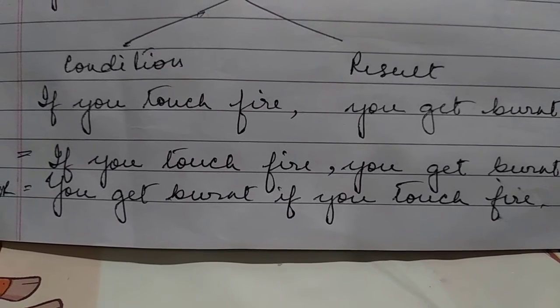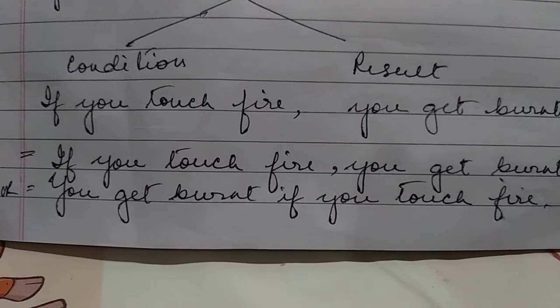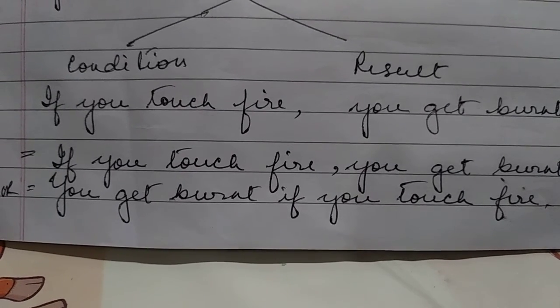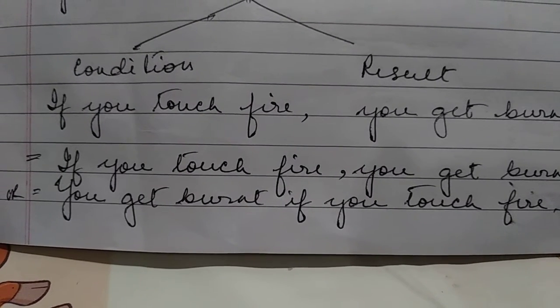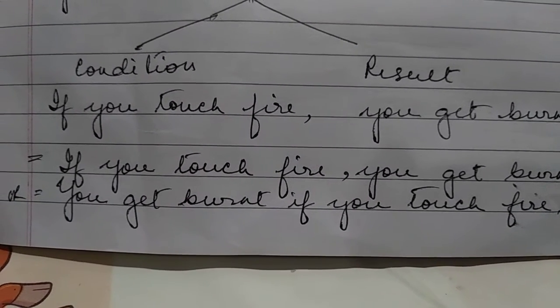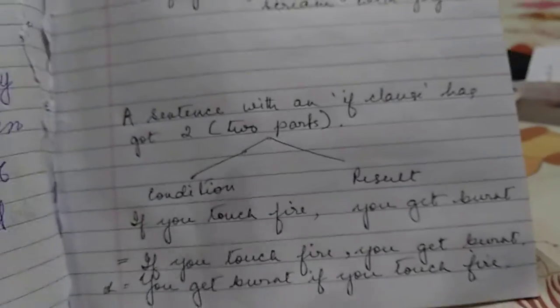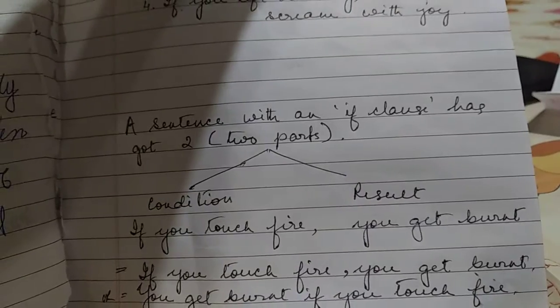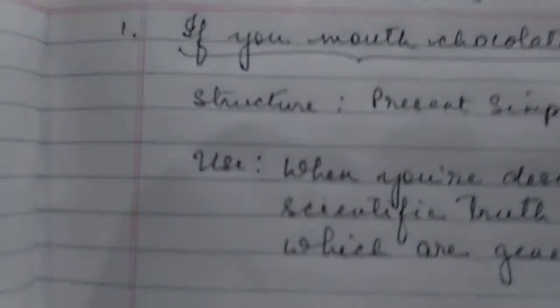In any case, the part of the sentence that has if or if clause sets you the condition for a certain result which comes in the other part of the sentence.